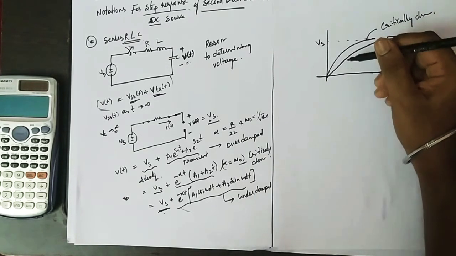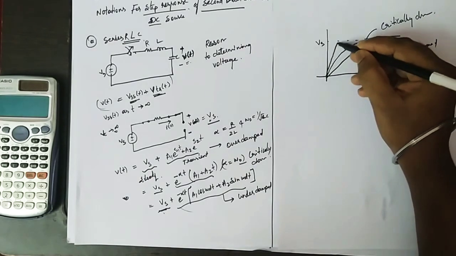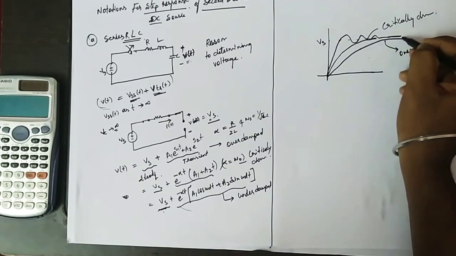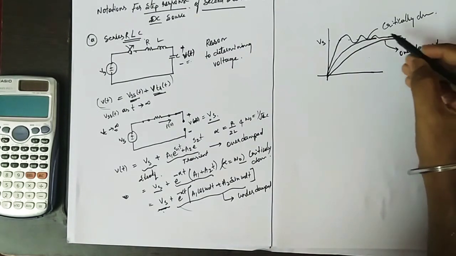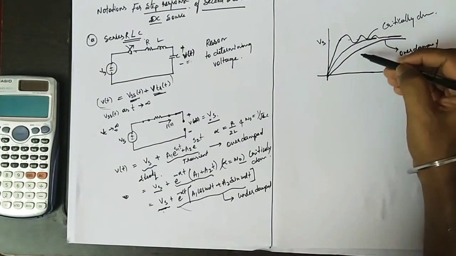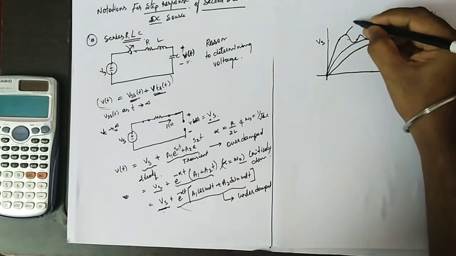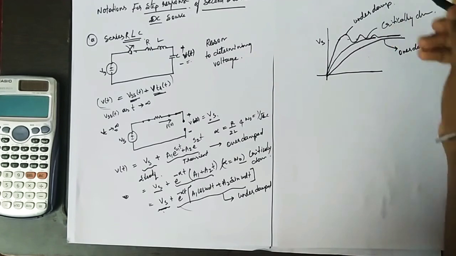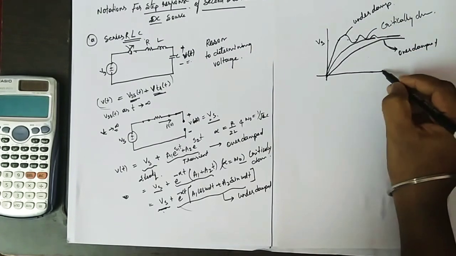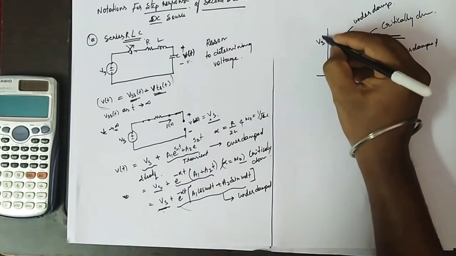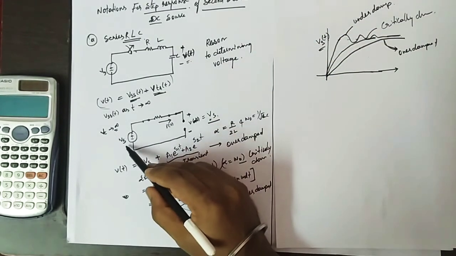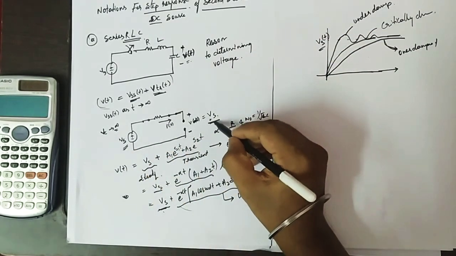Now for underdamped, the response will be like this. If you observe carefully, whether it is underdamped, critically damped, or overdamped, the voltage across the capacitor in steady state is equal to the supply voltage Vs. Why?